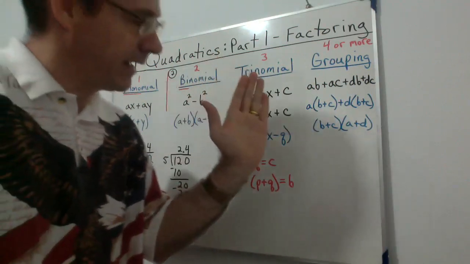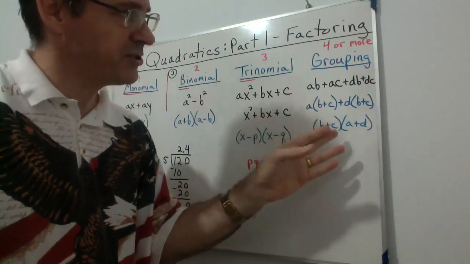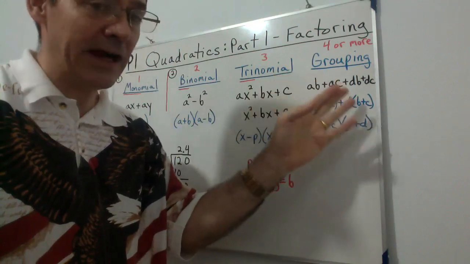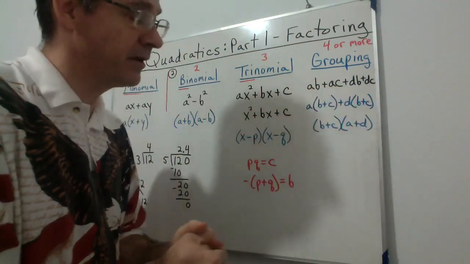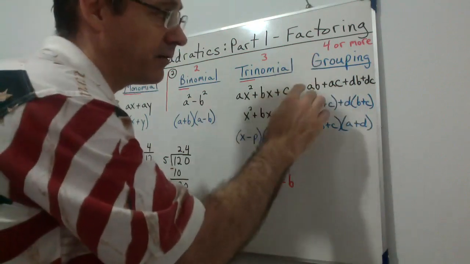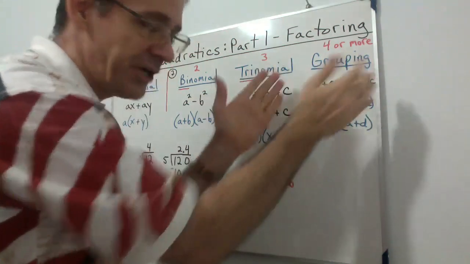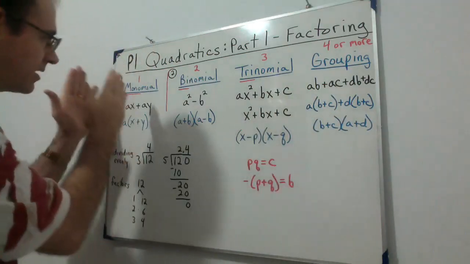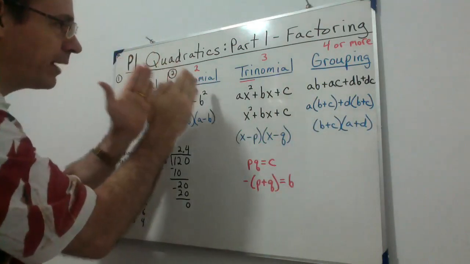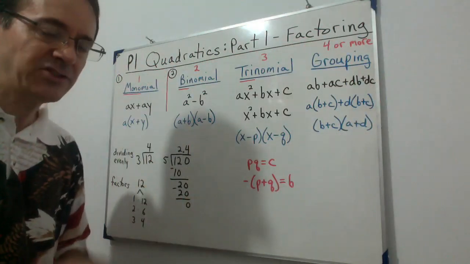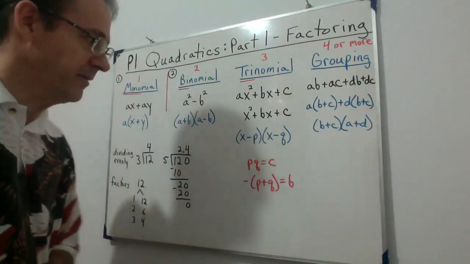And then not so much in Pure Maths 1, but since we're reviewing, it is found in some of the IGCSE material. And this is 4 terms or more, generally 4 terms, and we factor it by grouping. So we're going to look at these monomial, binomial, and factoring by grouping relatively quickly just to demonstrate them.